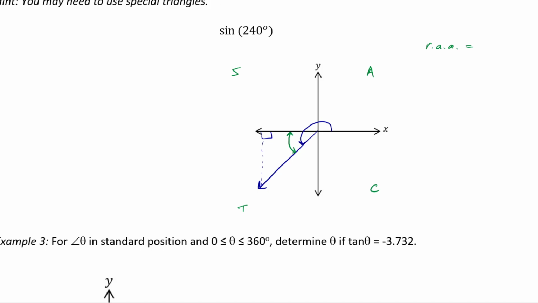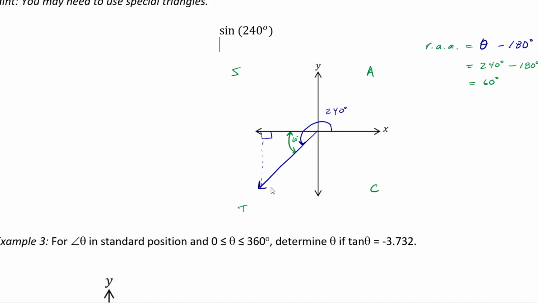Well, I can take the theta and subtract 180 degrees. So my related acute angle is going to be 240 degrees minus 180 degrees. So my related acute angle here is 60 degrees. So in this triangle formed between the terminal arm and the x-axis, this related acute angle here is 60 degrees.